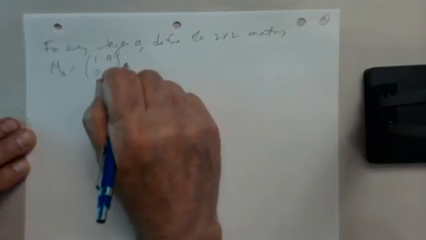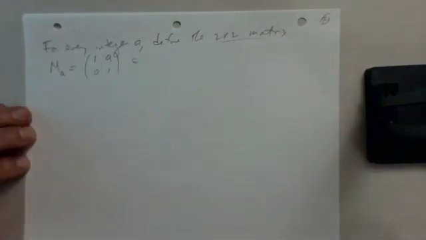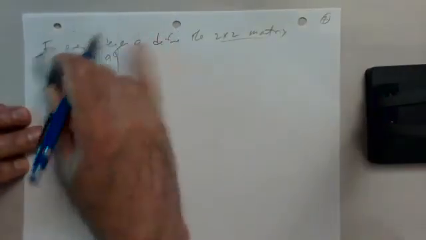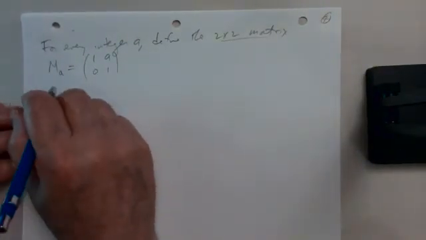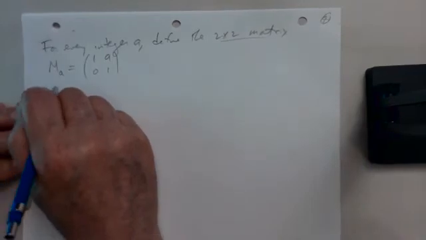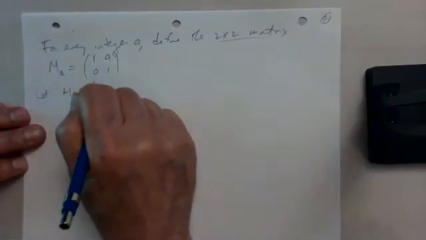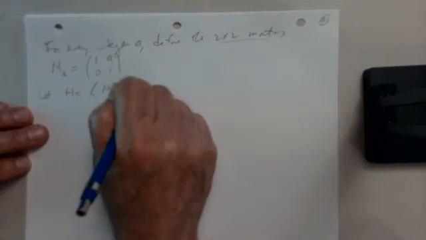So this is a matrix. Well, it's a 2-by-2 matrix. That's what it is. And let H be the set of all of these matrices for every integer A.